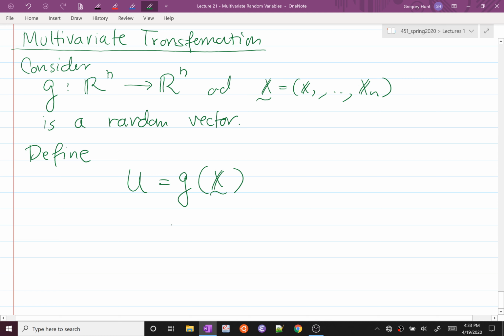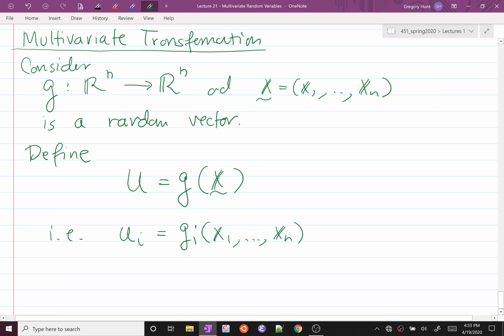So another way of thinking of that is that u will have n components, and the ith component of u is the ith component function of g applied to x1 to xn.